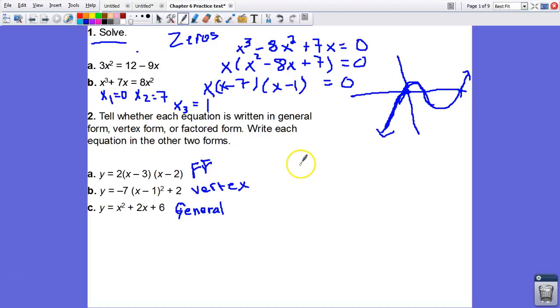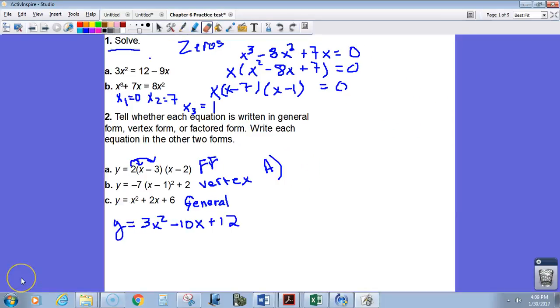All right, so we can change A to be general form by just multiplying it out. Let me turn my pen back on, you guys. So if we just multiply, let's see. I'm going to first distribute that 2 here. 2 times x is 2x minus 6. Okay, see what I did right there?